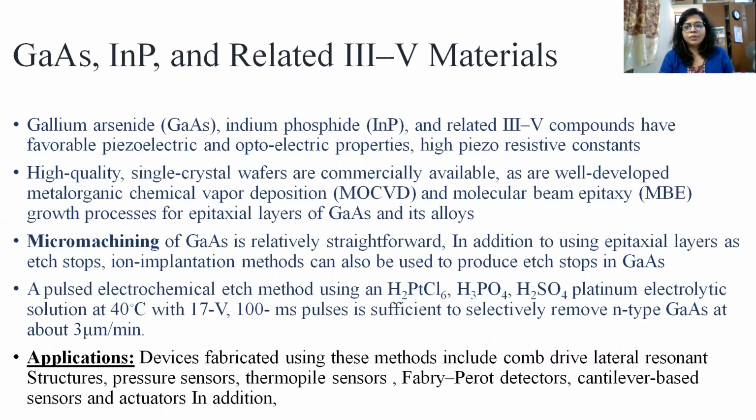In addition to using an epitaxial layer as an etch stop, an ion implant method can be used to produce an etch stop in gallium arsenide. A pulsed electrochemical etch method uses an H2O2, H2SO4, platinum electrolyte solution at 440 degrees with a 100 millisecond pulse, which is sufficient to selectively remove N-type gallium arsenide at about 3 micrometers per minute.